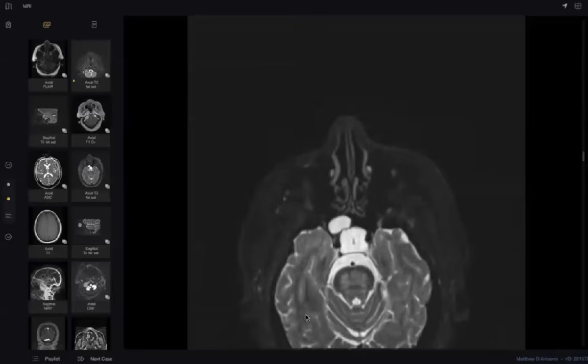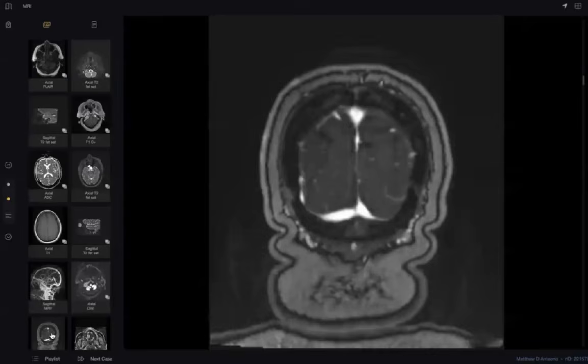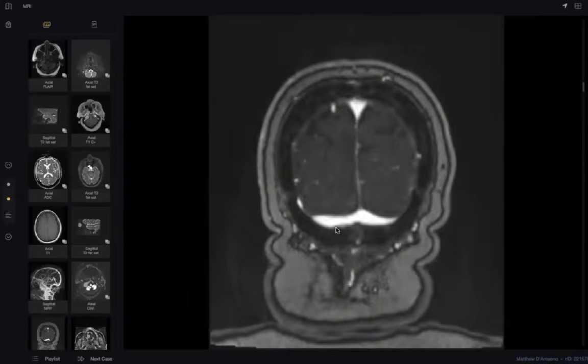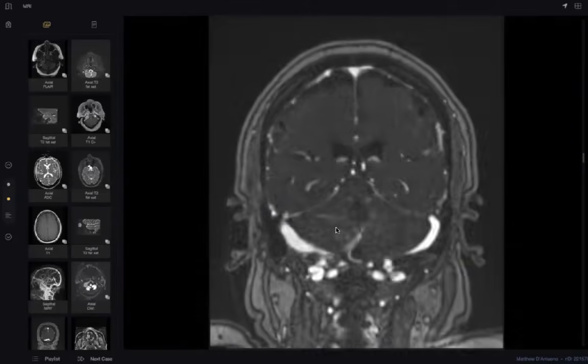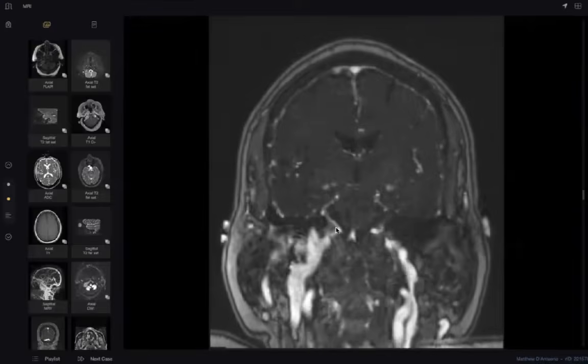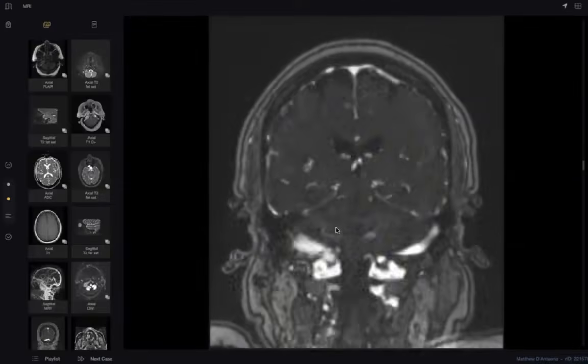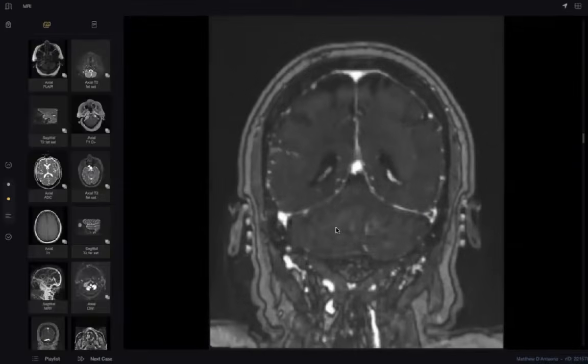This is the venography. What do you think? So these are the venography images of the same patient, which again show expansion of the jugular.